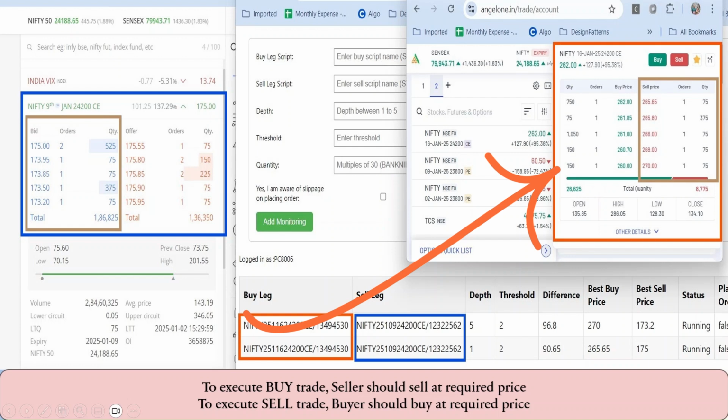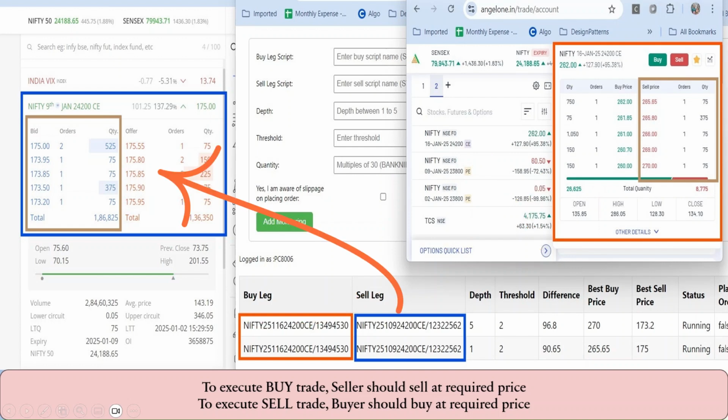The blue leg, I'm showing in Zerodha. For a sell leg, we are interested in the bid side, not the offer side. But on the buy leg, we are interested in the offer side or sell side rather than the buy side. So this is the basic thing.